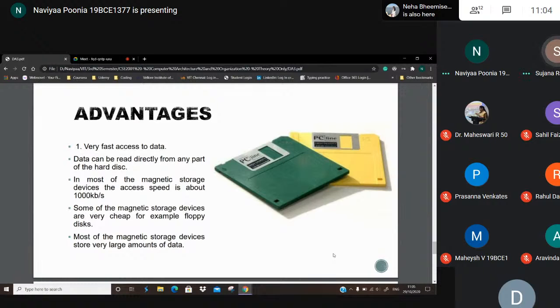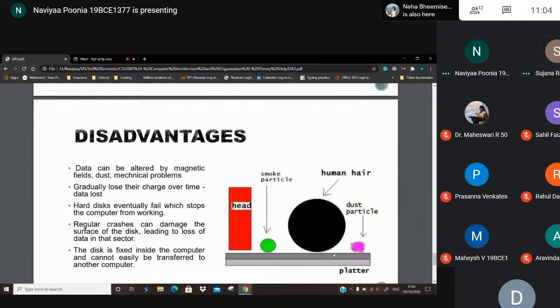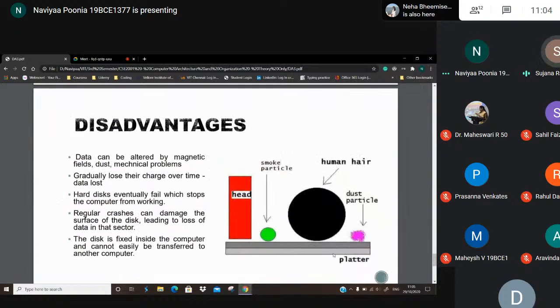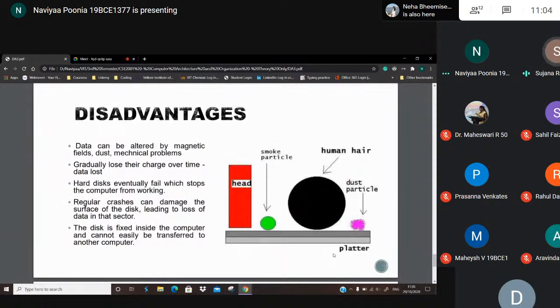While there are a few disadvantages of magnetic disks too, the disadvantage being that the data can be altered very easily because of a change in magnetic fields and mechanical problems, and gradually there's a loss of charge which results in data loss.